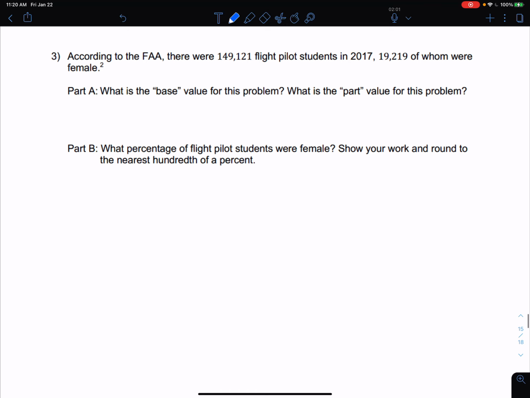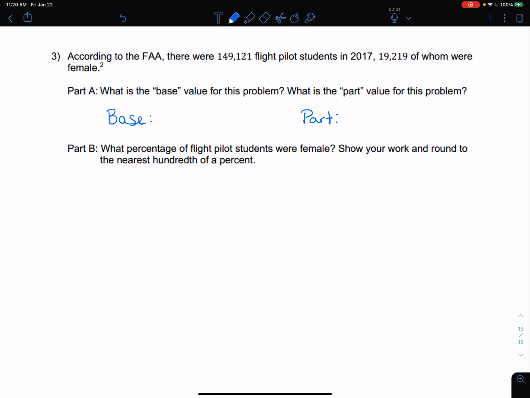If we look at number 3, it says according to the FAA, there were 149,121 flight pilot students in 2017, 19,219 of whom were female. What is the base value for this problem, and what is the part value for this problem? So remember, the base is the whole, and the part is the piece. It's a part of that whole.